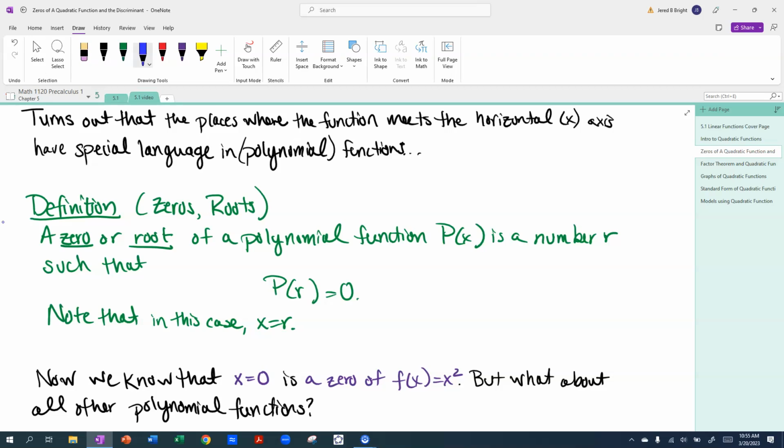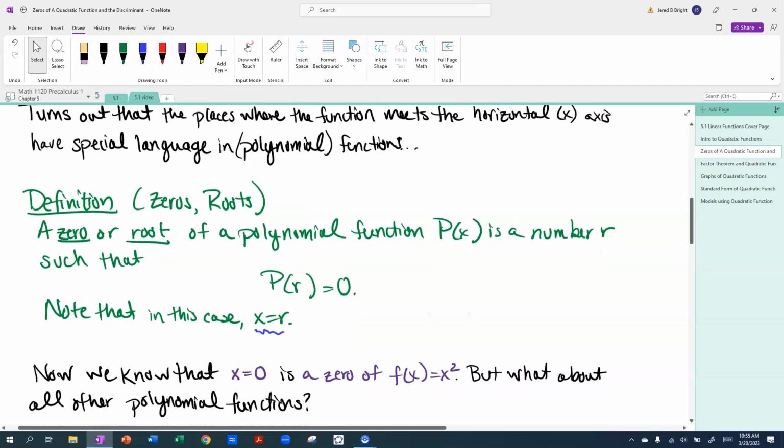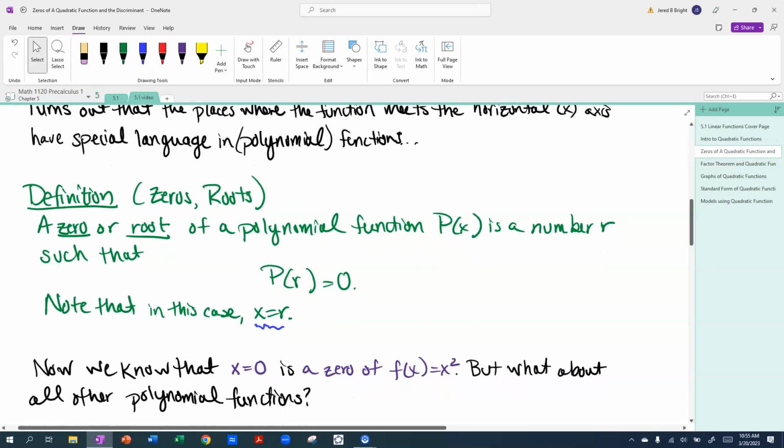So it's really saying replace x with r in the function, and the whole thing should go to zero. R is for root.